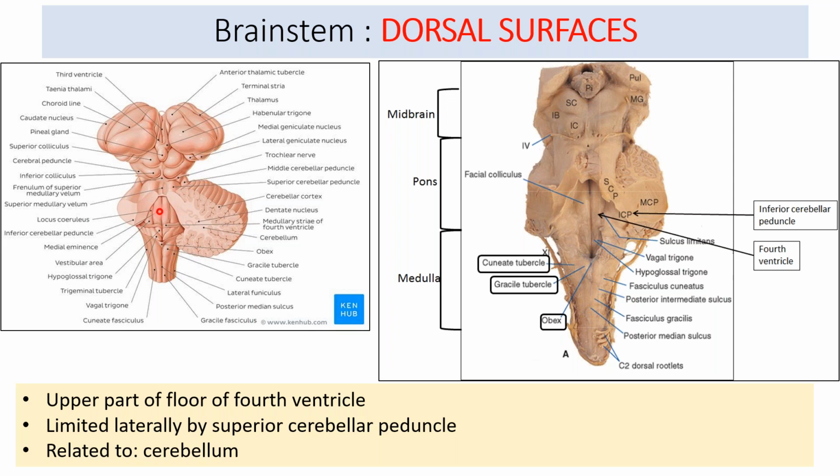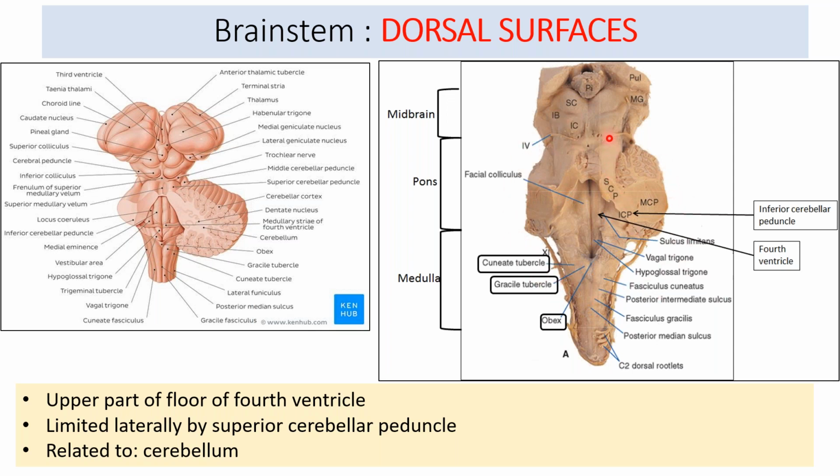The posterior aspect of the pons is the upper part of the fourth ventricle, and laterally it will be limited by the superior cerebellar peduncle. Here the superior cerebellar peduncle, the middle cerebellar peduncle, and the inferior cerebellar peduncle have been marked, because you have cut the cerebellum to show the posterior view of the brainstem.